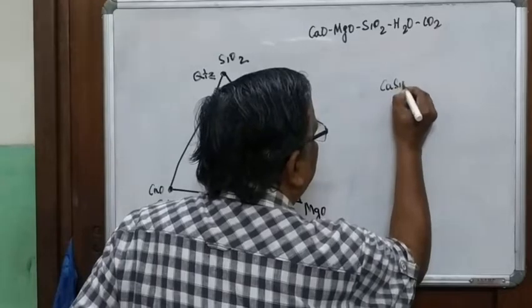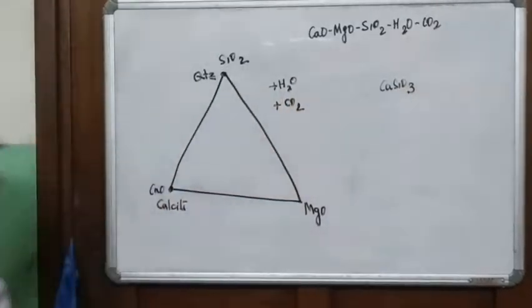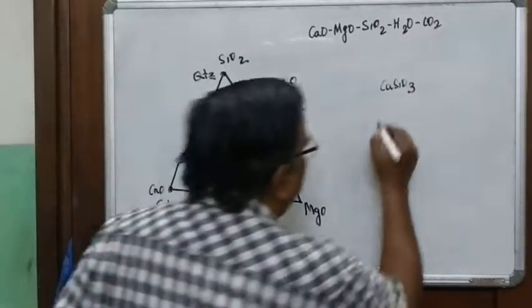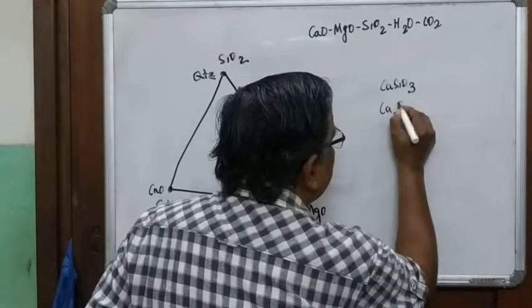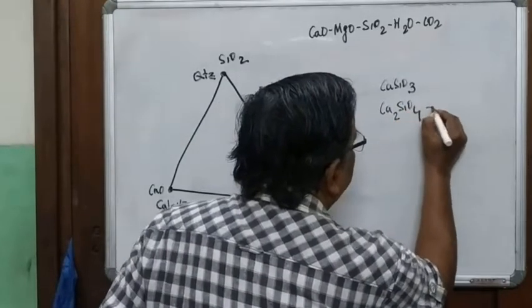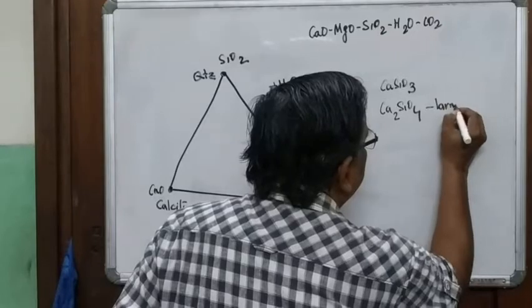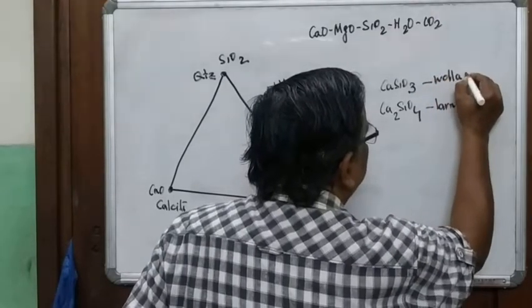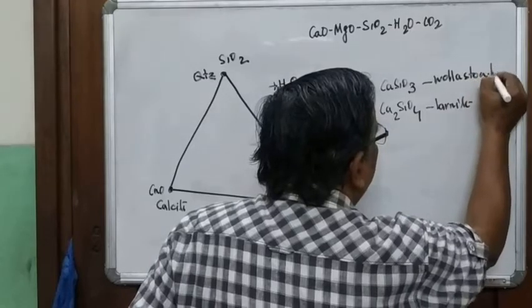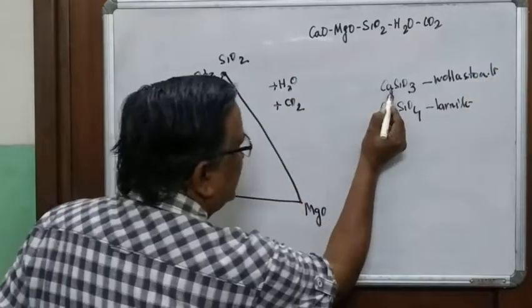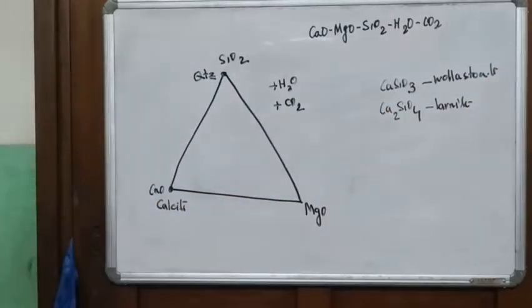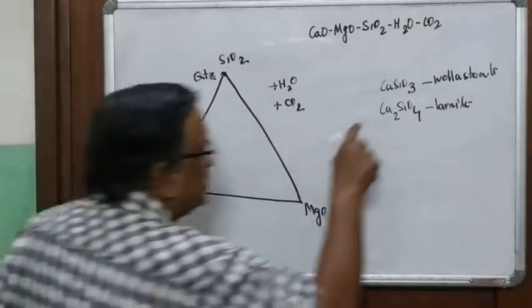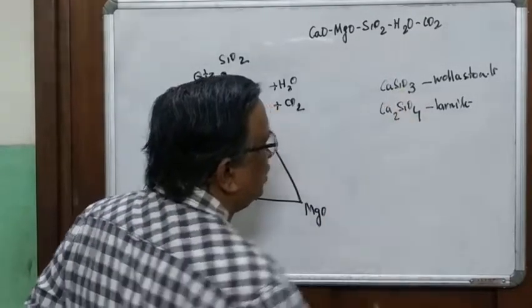CaSiO3. So that's wollastonite. And then you have Ca2SiO4. This is larnite, and this is wollastonite. Now you see here, the calcium to silicon ratio is 1:1, or CaO to SiO2.